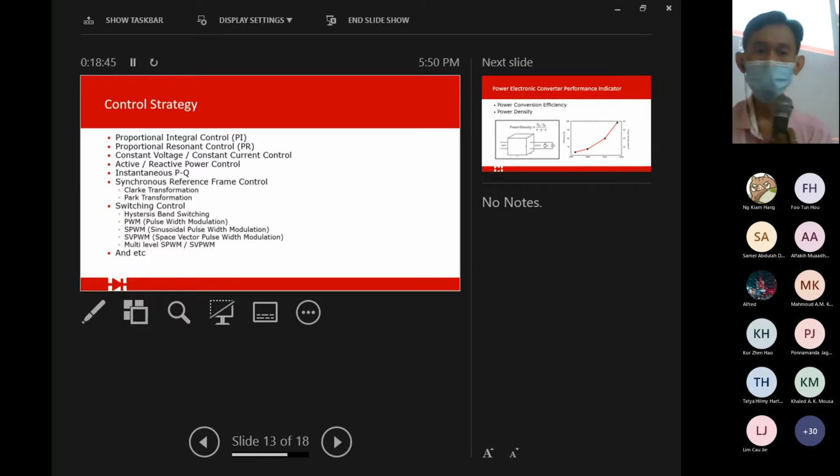We have constant voltage, constant current control, active and reactive power control, instantaneous PQ, and synchronous reference frame control. All sorts of different methods of control make the converter possible.